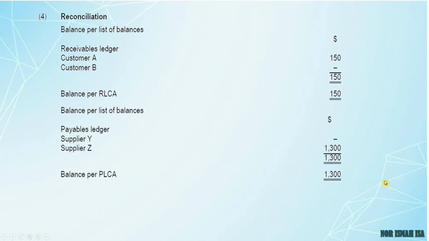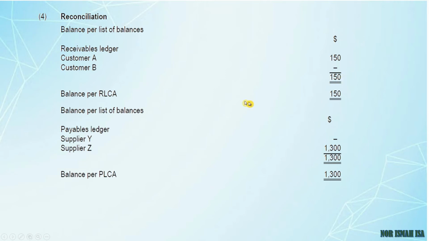And as for reconciliation, first we need to find out the total balance for each ledger. This one is the receivable ledger. For customer A, we have another $150, whereas customer B has settled his debt. So the total for the receivable ledger is 150.